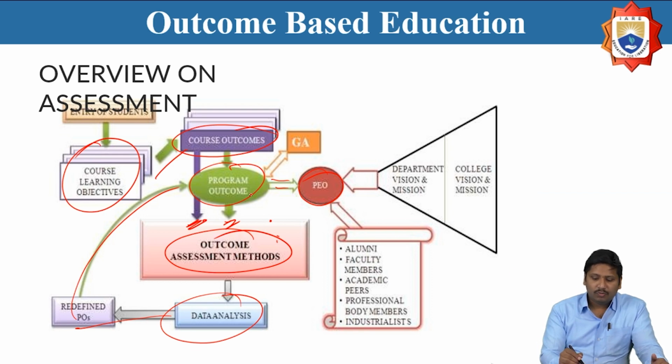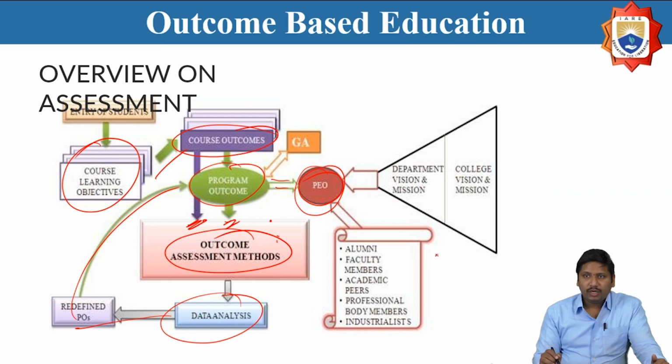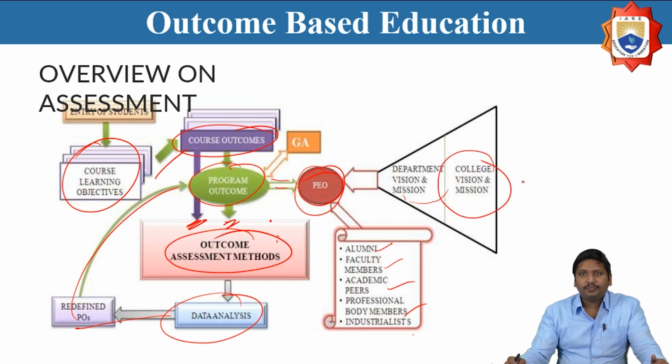Once the POs are finalized, then we look at the PEOs, which can be obtained from alumni, faculty members, academic peers, and industrial analysts. Once this is done, we make use of the department vision and mission and the college vision and mission also.